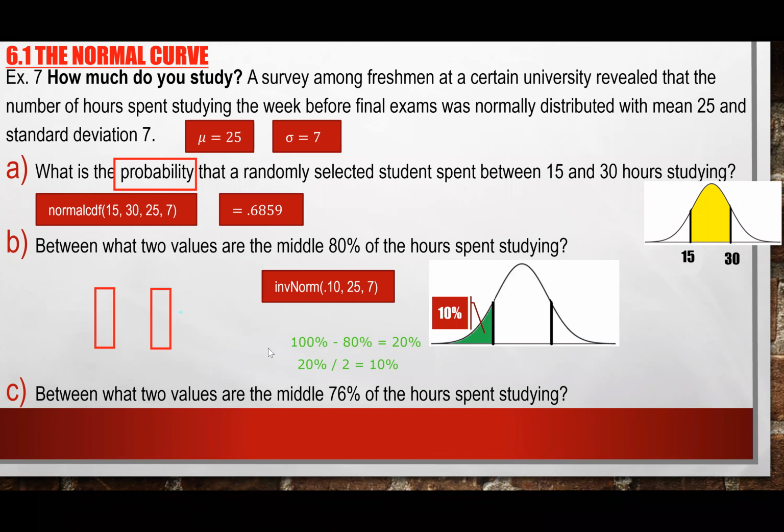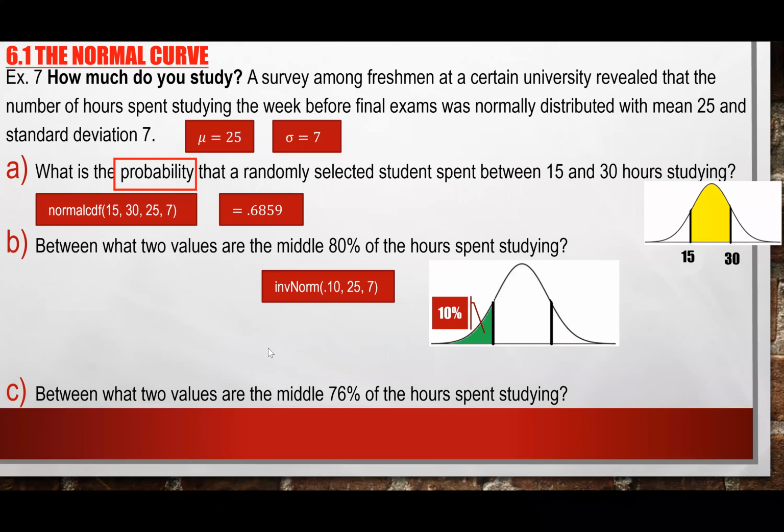And if I do that, this is what I have: the hours that the students study is between 16.03 hours. Now to find the right endpoint, to know the area to the left, I need to take the 10 plus the 80, right?